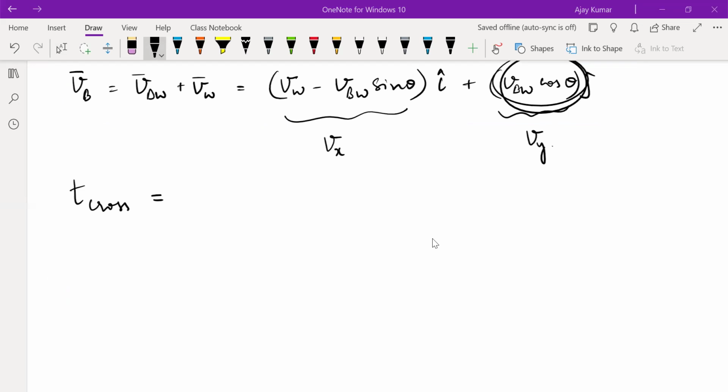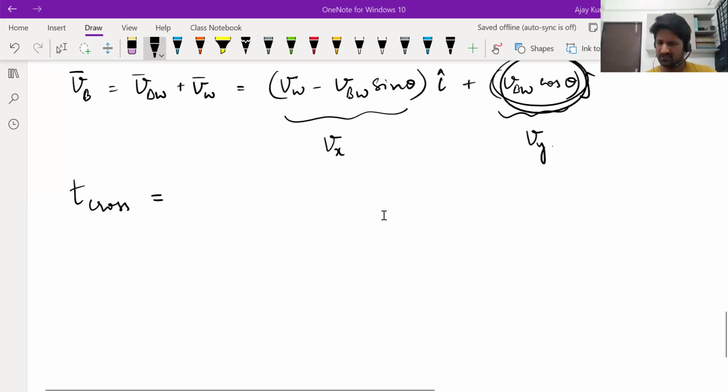Sir, width by velocity of Y component. Okay, Pawan, can you repeat what you said? Sir, width by velocity of Y component. Correct. Why is only Pawan giving? What are the others doing? I asked you time taken to cross the river.